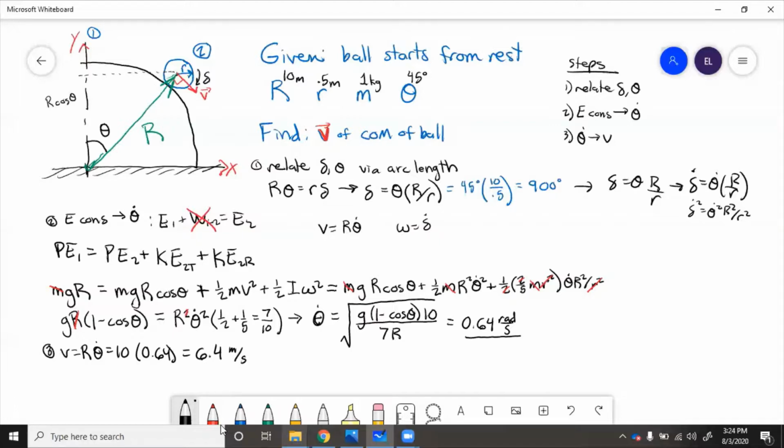So this is the speed, but if we want to get the velocity, we need to include the direction. Well, if we look up here, V is going to be perpendicular to R, because it goes in the direction of motion.